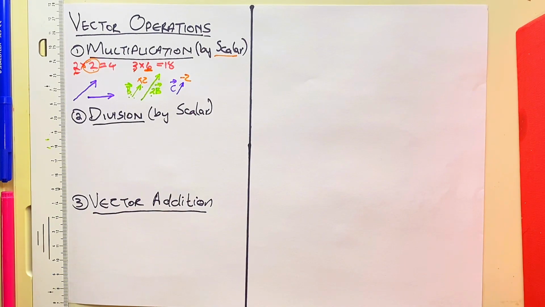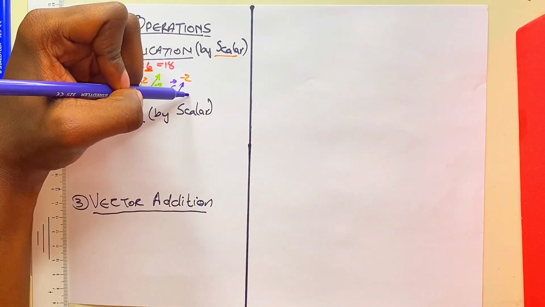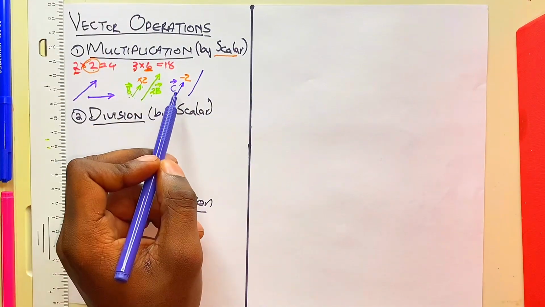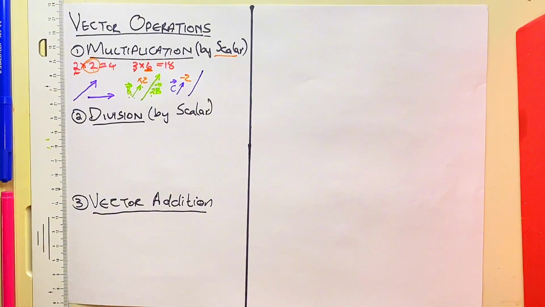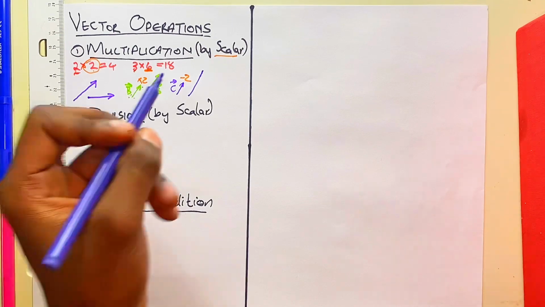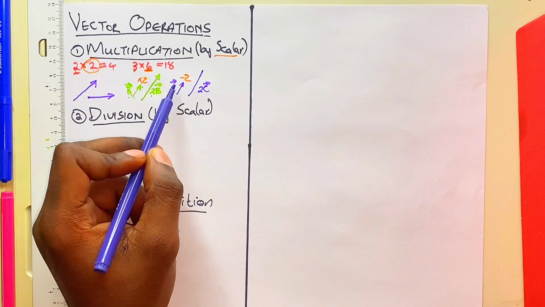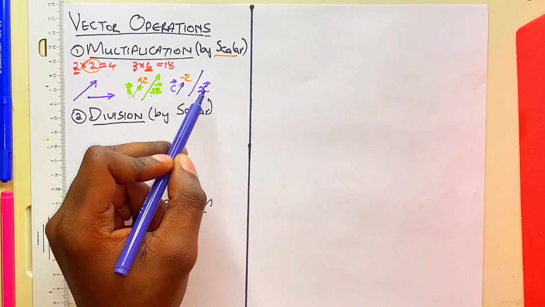Always remember that every time you multiply, you increase the vector, which means that the magnitude of this vector will now be twice as much. It will become 2c instead of 1c because it has been increased by a factor of 2.